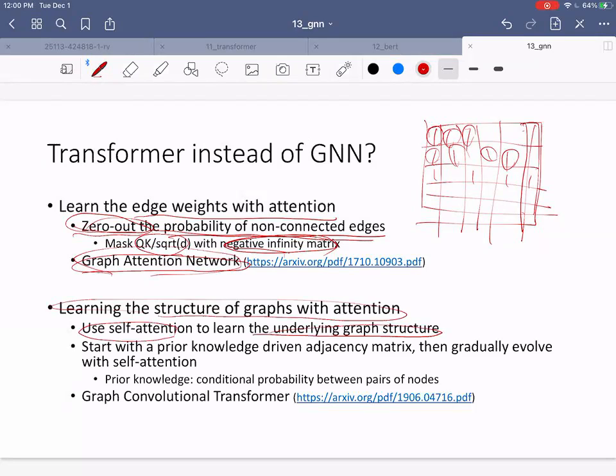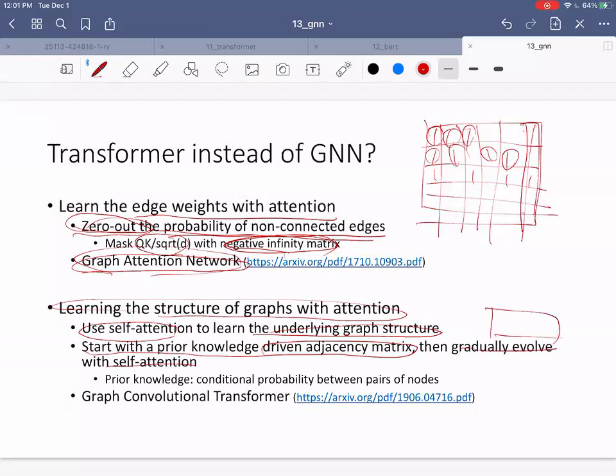For example, if you are given a data set which you know is a graph, but you only partially know which nodes are connected to each other, then you can use self-attention to fill in the remaining information. So you can start with a prior-knowledge-driven adjacency matrix, then gradually evolve it with self-attention.